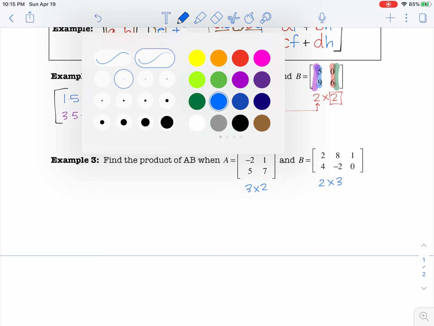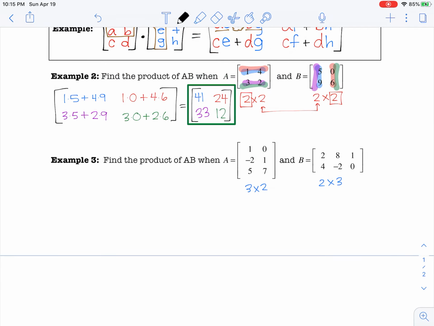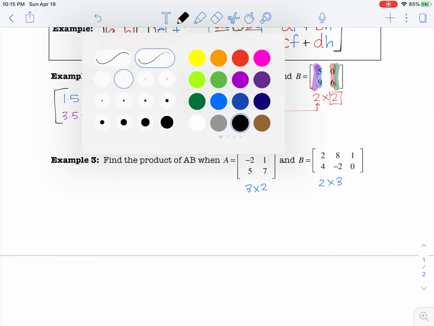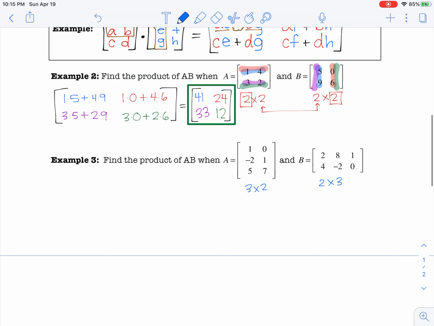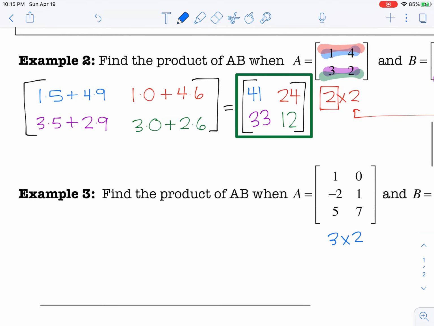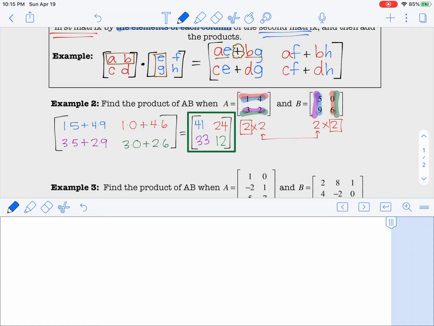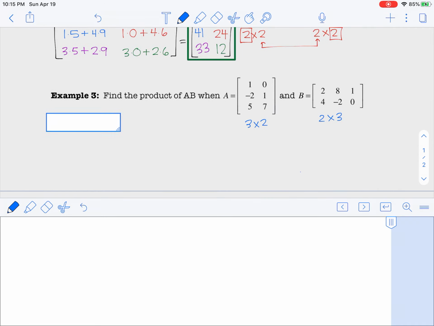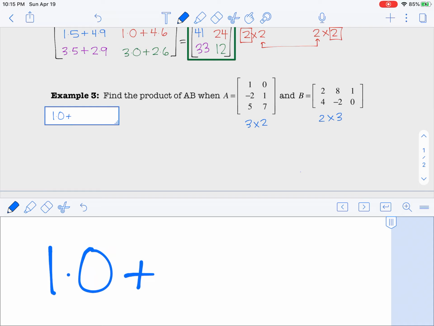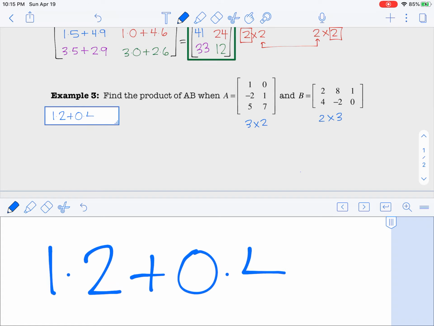All right, I'm going to do a little less color coding on this one to kind of speed it up. So first we have 1 times 2 plus 0 times 4.